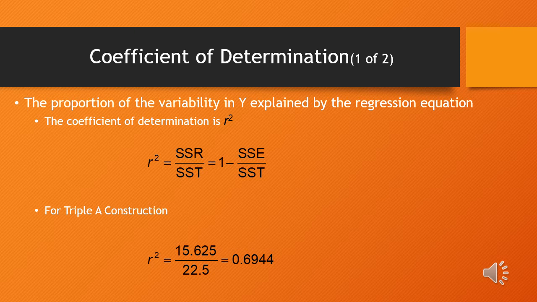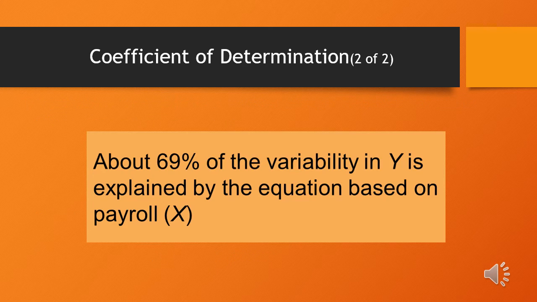Again, remember that Excel does all those calculations for you guys, so just be aware of that. So this means that about 69% of the variability in sales Y is explained by the regression equation based on payroll, which was the X.